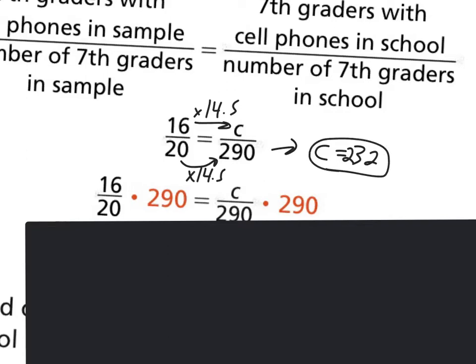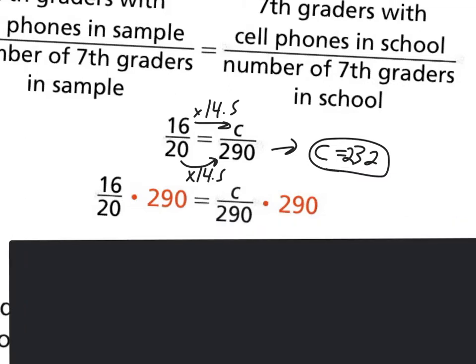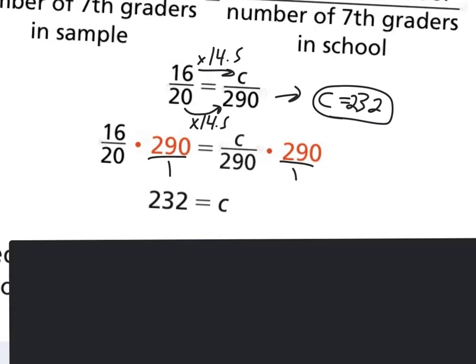The other option you have is what the book's doing as another way. You could say they're dividing by 290, so let's multiply by 290 on both sides. Obviously, if I wasn't using a calculator, that would be a way of working that out. And then these we would have to multiply together.